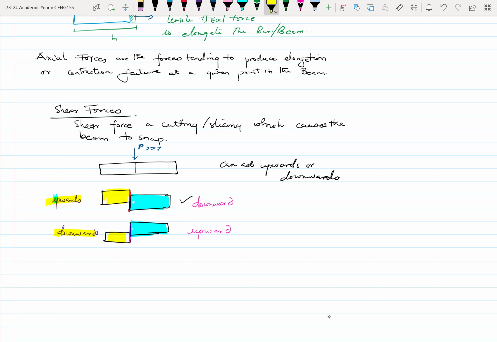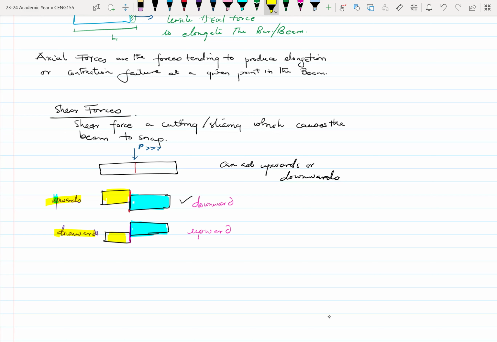Even if they move up together or down together, there will still be a difference in their movements. Maybe one will move slightly down and one will move more down. At the end of the day, you still have one moving lower than the other.